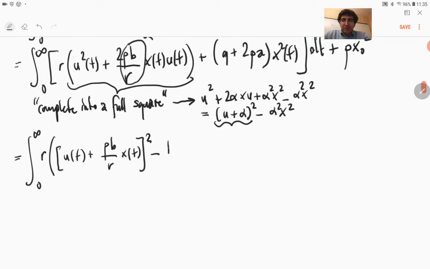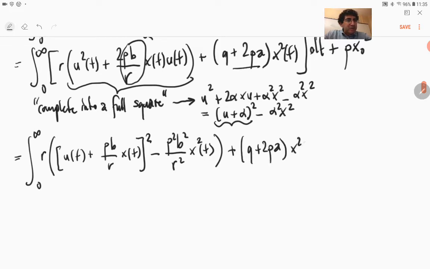Also, we have this term that needs to be added, in fact subtracted, in order to match the expressions, plus the term over here, q plus 2pa x square of t. The integral is completed, plus px0 square.